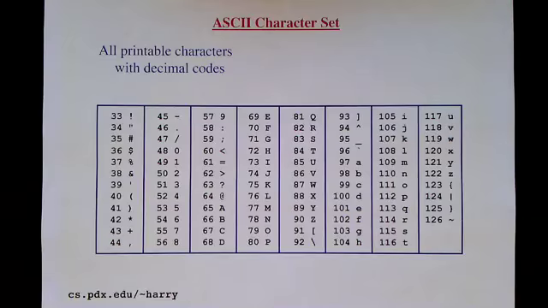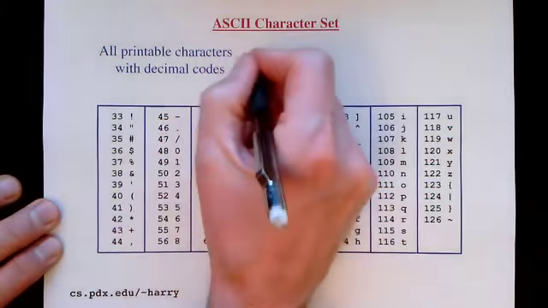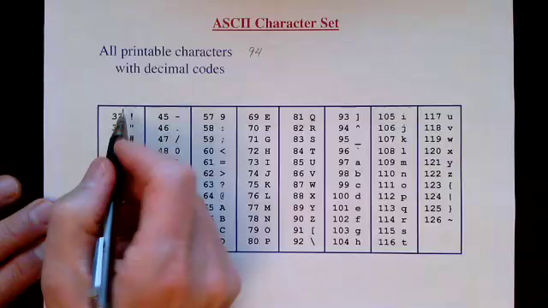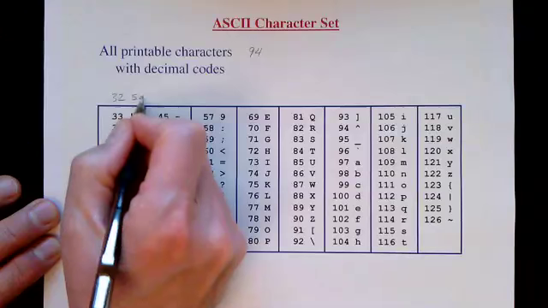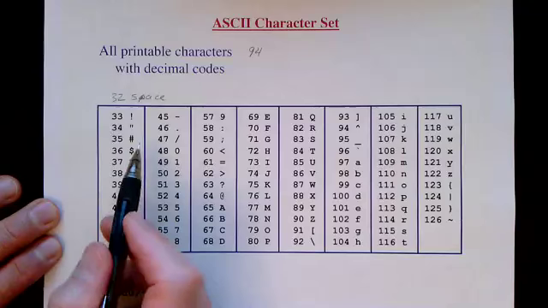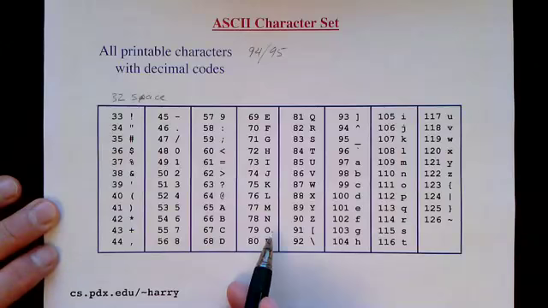characters. Here are the 94 printable ASCII characters. The 95th character, which is not shown here, is the space. And that's also considered to be a printable character. So you can say that there are really 95 printable characters.